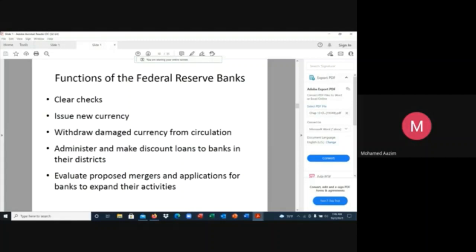So these are being practiced, and in the case of Sri Lanka, you have discount windows. Discount windows in the sense we have open market operations carried out through a specialized department called the Domestic Operations Department. They have an overnight deposit window as well as an overnight lending window.